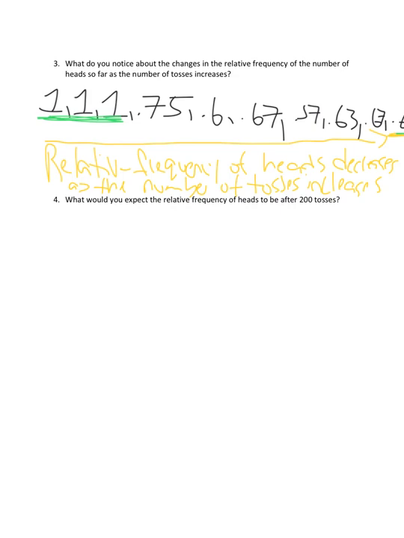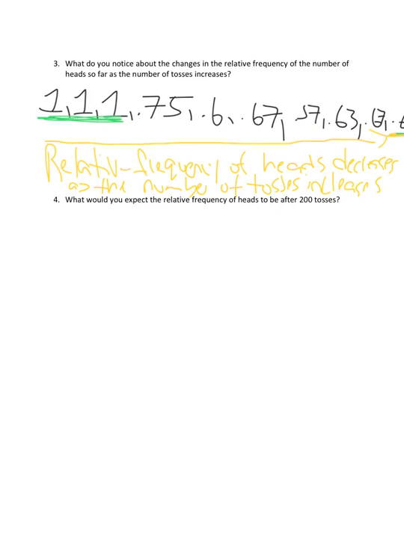And why would it be close to 50%? Well, the theoretical probability of landing on heads is 50%, half of the time. Now after so many tosses, 200 tosses, I expect that the relative frequency would kind of even out. In other words, I would land on heads and tails about the same number of times. After that many tosses, it seems like the theoretical probability would begin to become a little more clear.